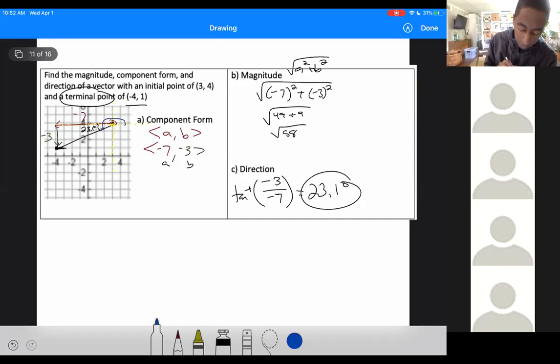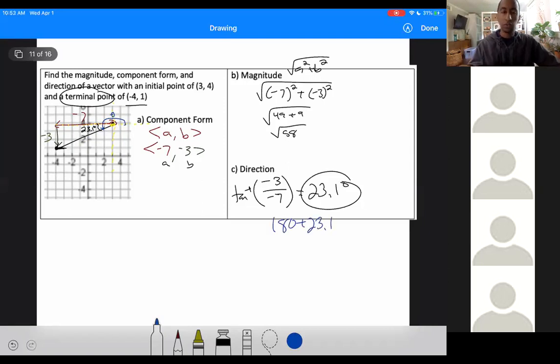So that's the angle from the horizontal to the vector. If we were finding that angle, what do you think we would do with the 23.1? And you would add 180. Okay, yeah, exactly. So it'll be 180 plus 23.1.